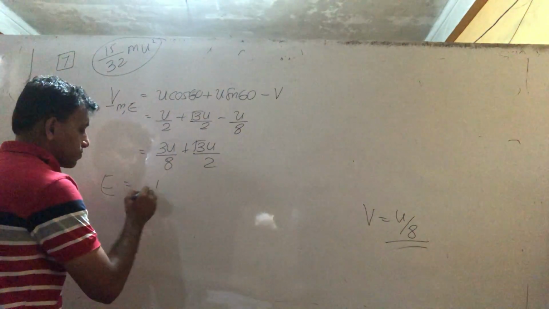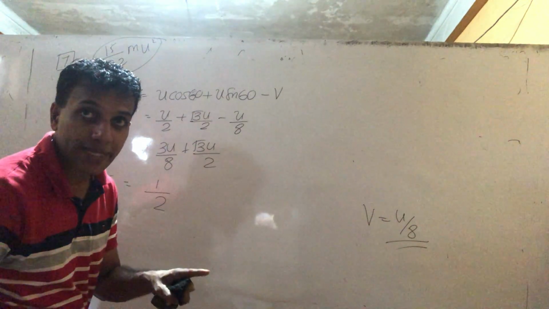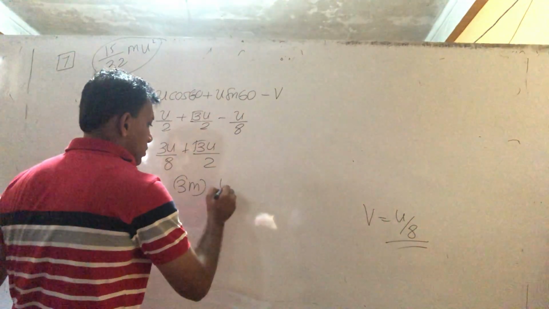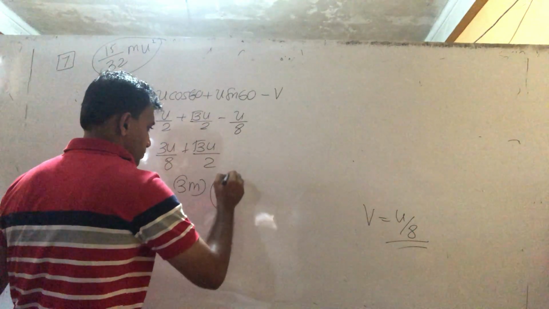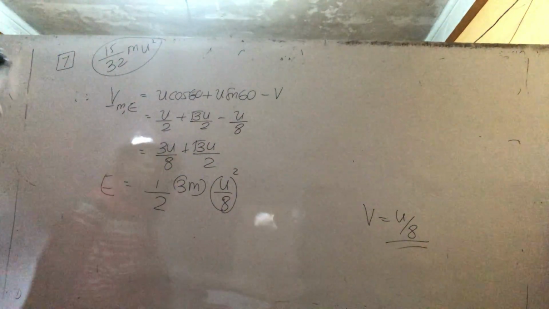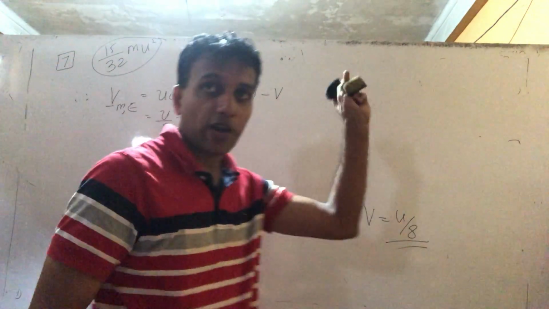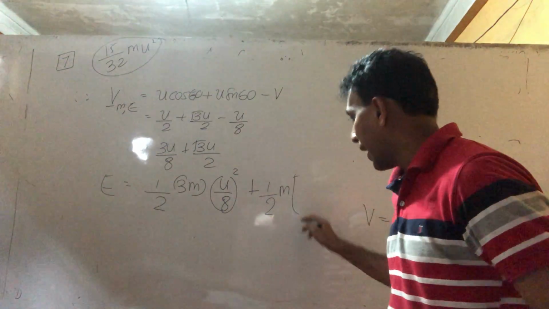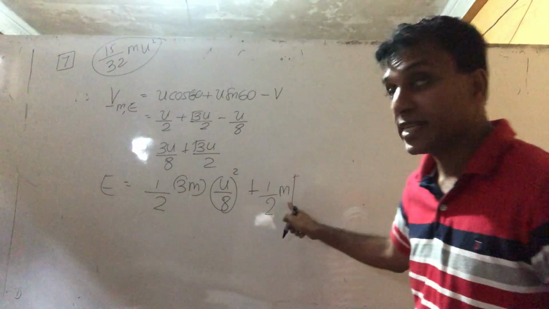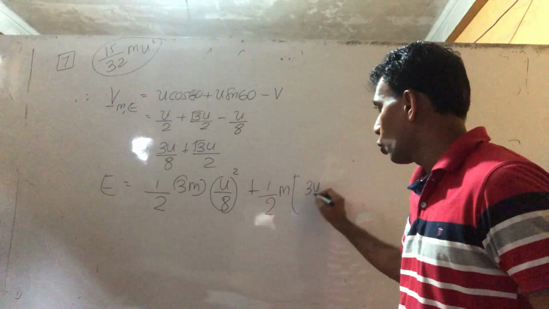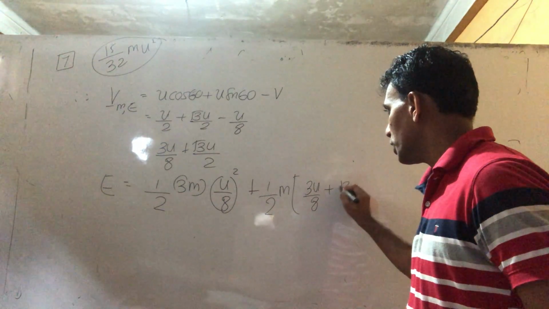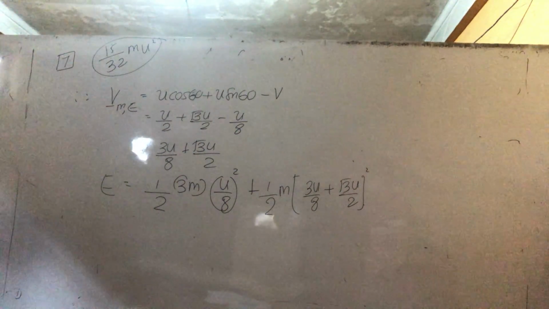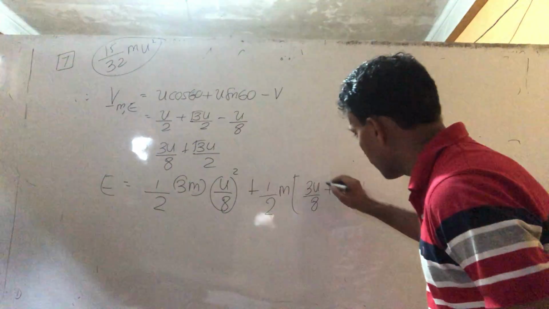Half, that is 3m for the gun, into velocity square, u by 8 square, half mv square, plus the shot fired, whose mass is small m and whose velocity is 3u over 8 plus root 3 u over 2, squared, half mv square.